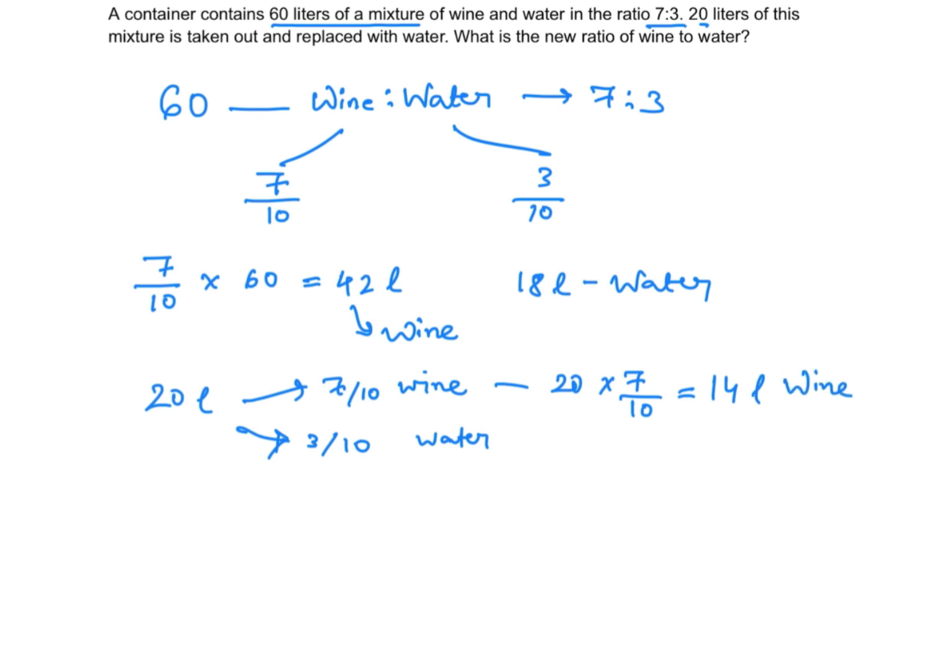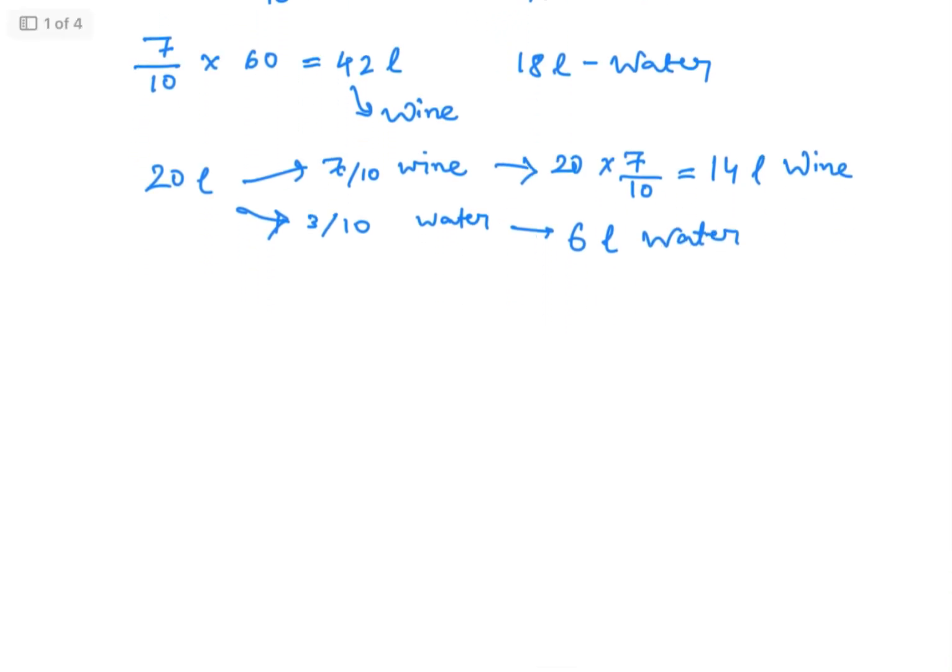So 20 minus 14, 6 liters will be water. Now subtracting 14 from 42, it will be 28 liters of wine in the current mixture.